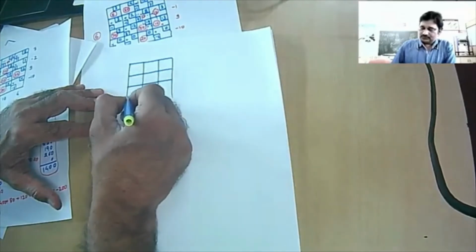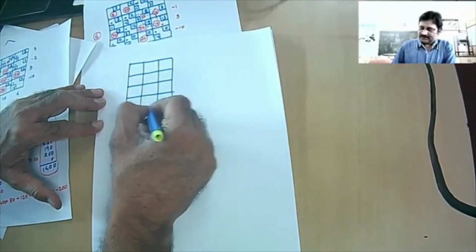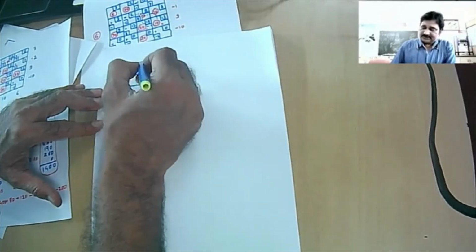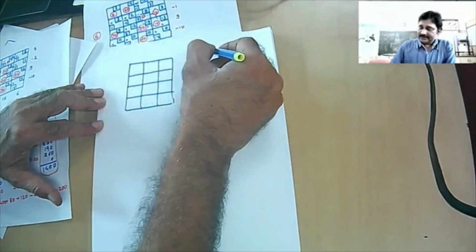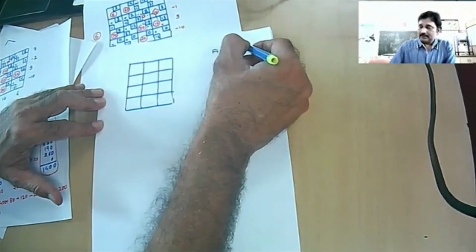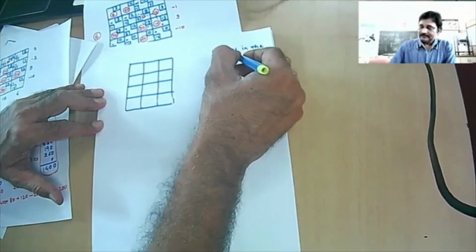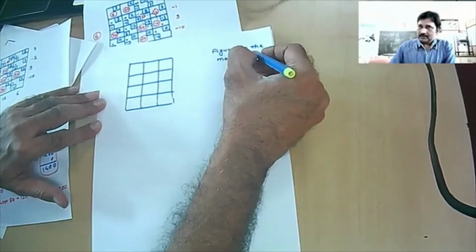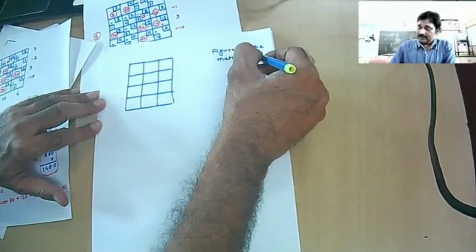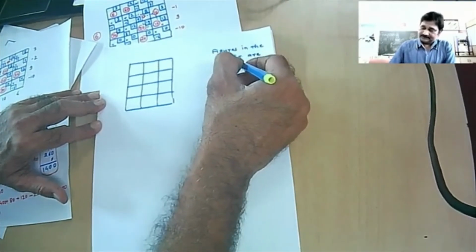One, two, three, and four. This is the maximization problem. Figures in the matrix indicate profit per unit of transportation.